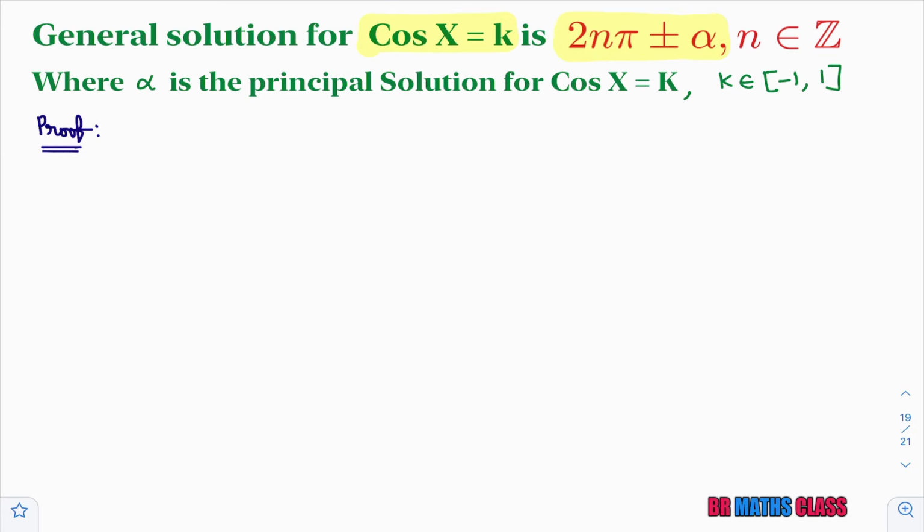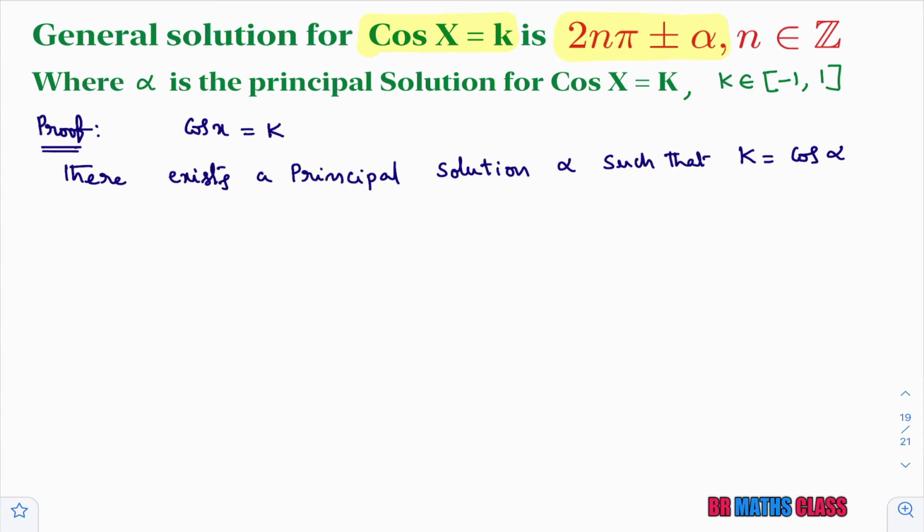First, you take the given trigonometric equation cos x equal to k. You observe here, there exists a principal solution alpha such that k can be written as cos alpha. For example, if I write cos x equal to 1 by 2, what is the principal solution for this trigonometric equation? We know that cos 60 degrees is 1 by 2.